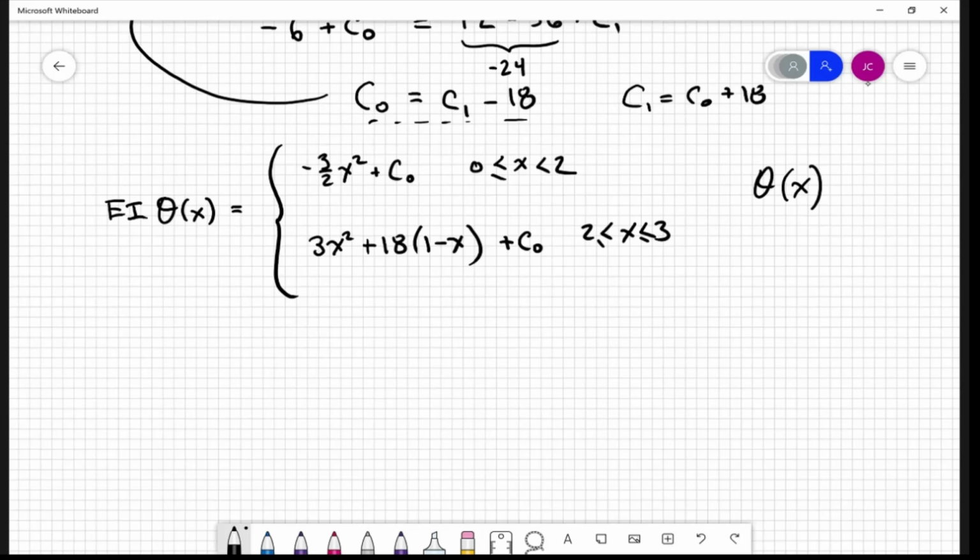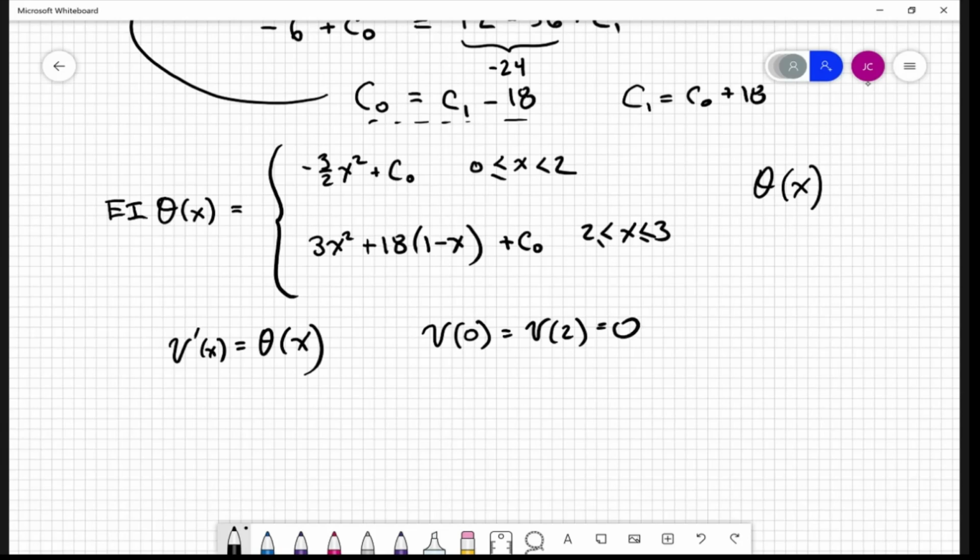Next, we're going to use the fact that the derivative of the deflection curve with respect to x is equal to the slope curve. And we know also that the deflection at x equal to 0, which is point A, has to equal the deflection at 2 meters, which has to equal 0.